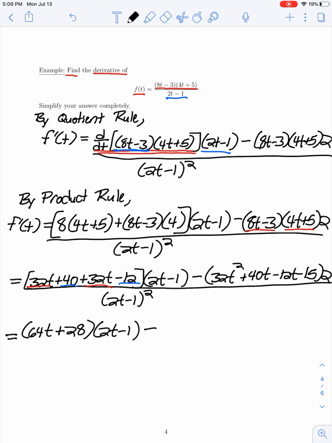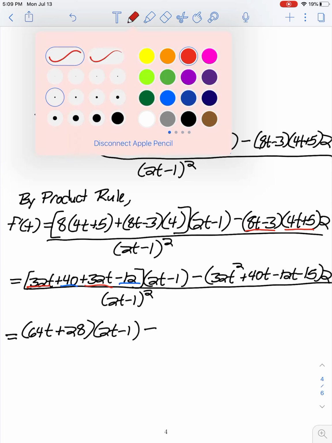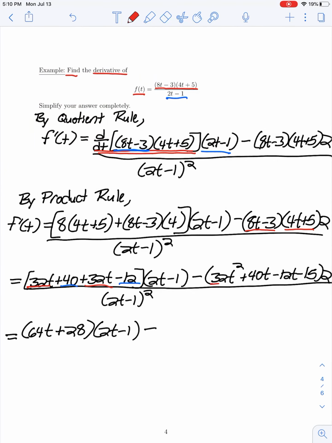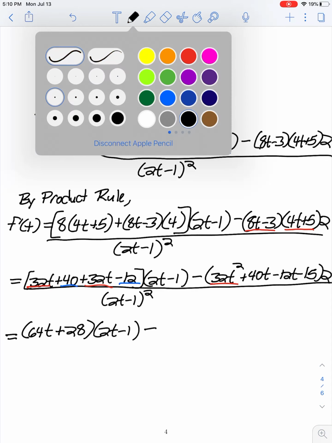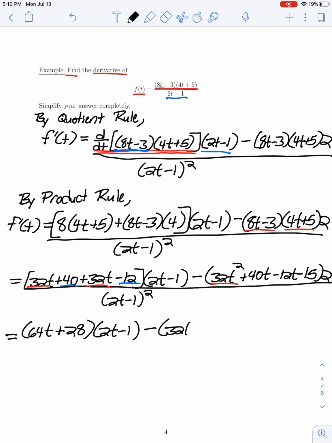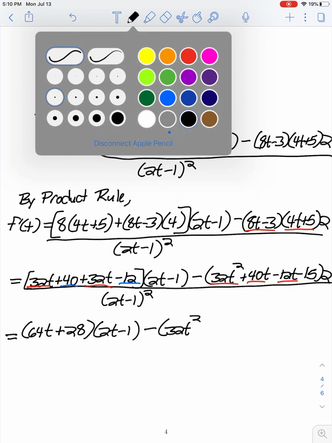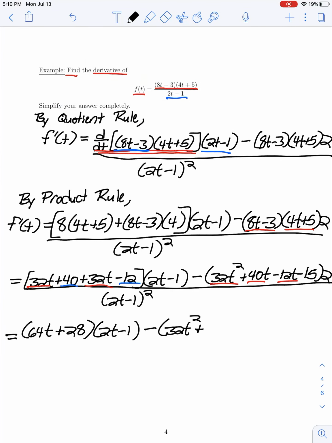And then we're subtracting, if we group our like terms within this set of parentheses, we have a 32t squared. Grouping the factors of t, we had a 40t minus 12t, which leaves us the positive 28t, and then minus 15. And this entire expression is still being multiplied by a factor of 2, and all over our denominator, 2t minus 1 squared.